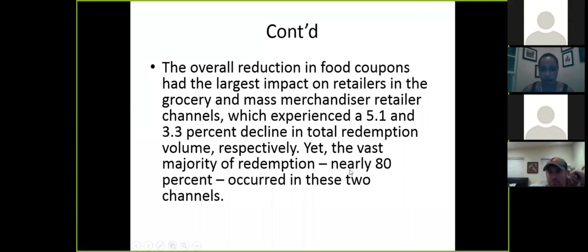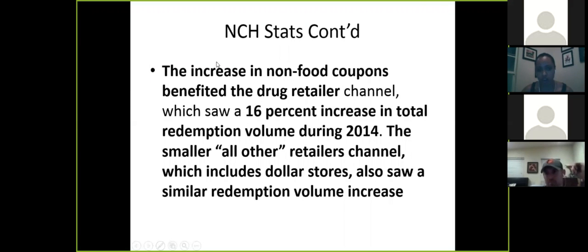So we can basically see how this will work. The vast majority of redemption, nearly 80%, occurred in these two channels, food and non-food. So the increase in non-food coupons benefited the drug retailer, of course, which saw a 16% increase in total redemption volume in 2014.